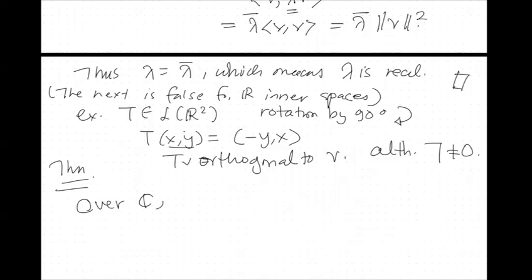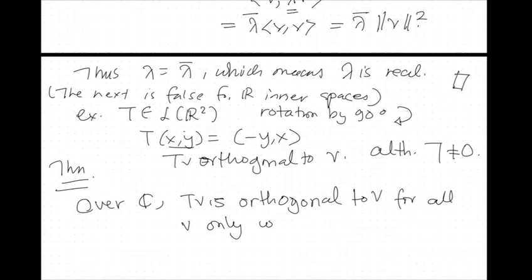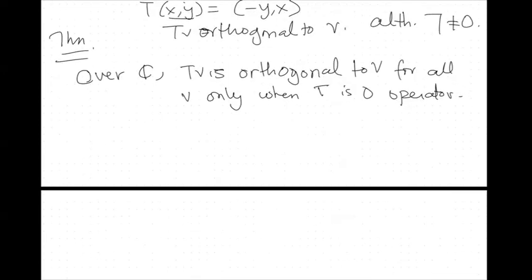Over the complex numbers, T of v is orthogonal to v for all v only when T is the 0 operator. So let us prove this.